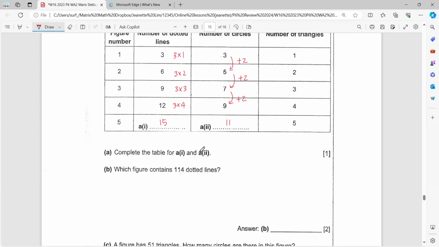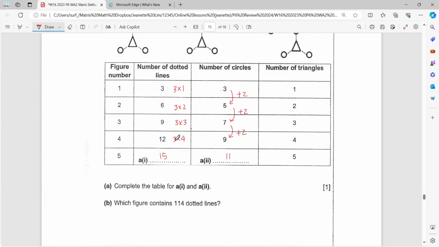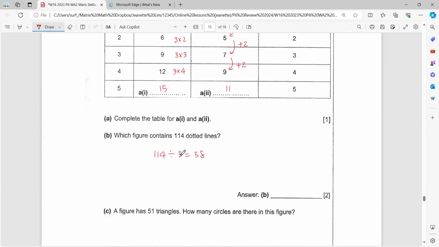So the next part, complete the table. Okay, done. Which figure contains 114 dotted lines? Dotted lines are the multiples of 3, so you can just divide by 3, which is 38. So that's the answer, 38.